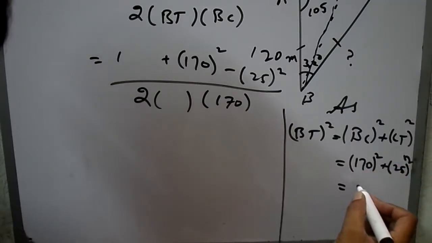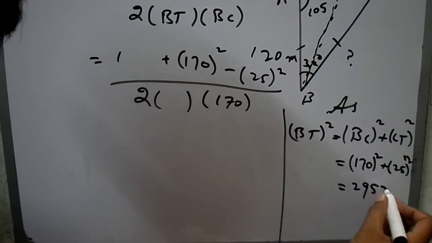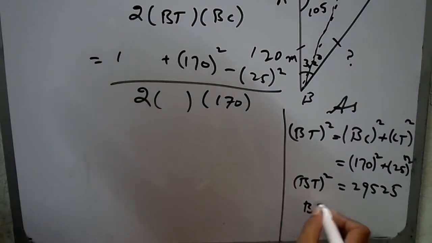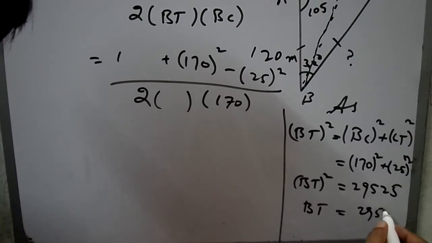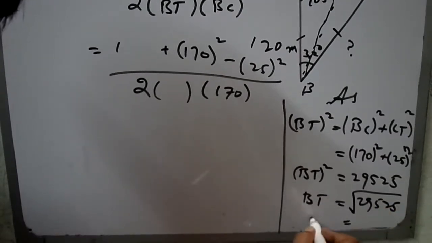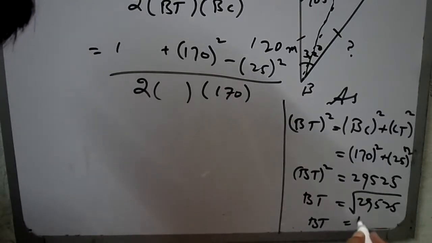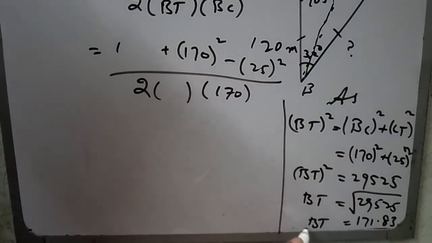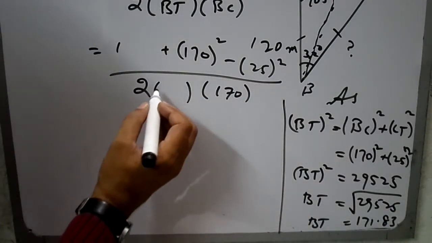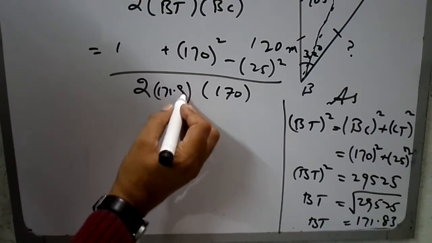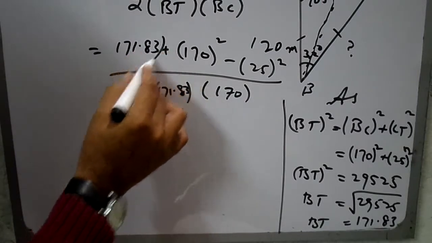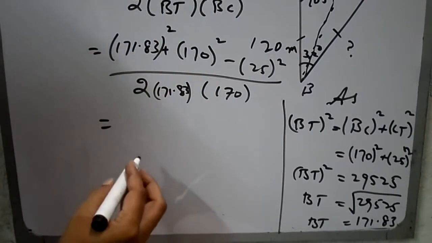So you will get by simplification, but you need the value of only BT, so removing the square, taking the square root of 29525, the result of BT is 171.83 in calculator. So we have to put the value here, 171.83 square. Okay, now you can simplify it.